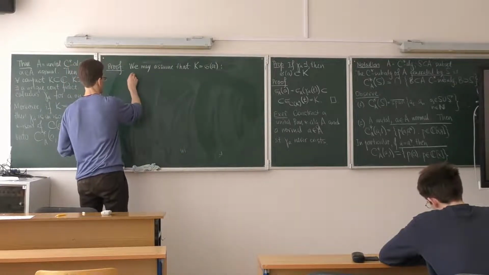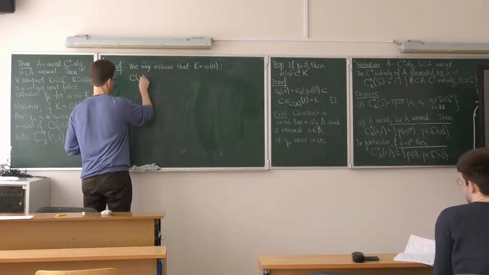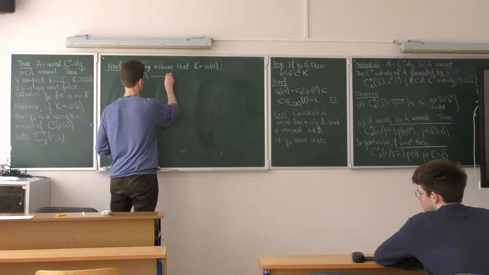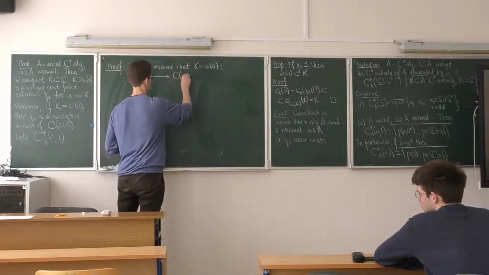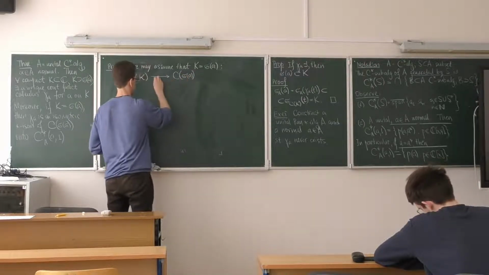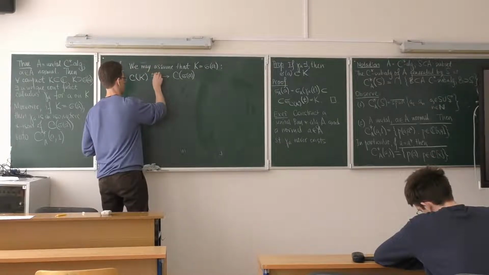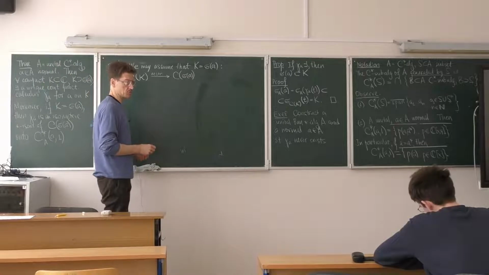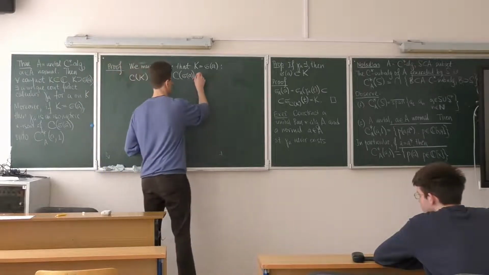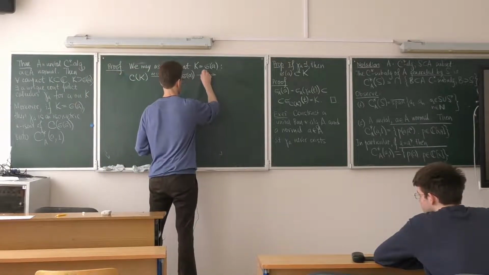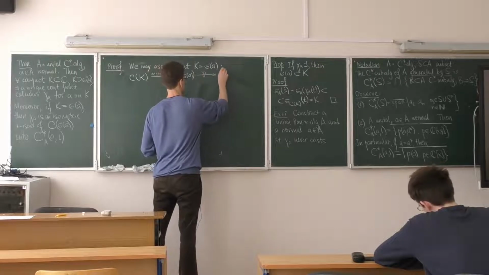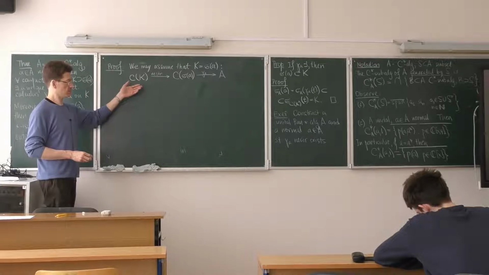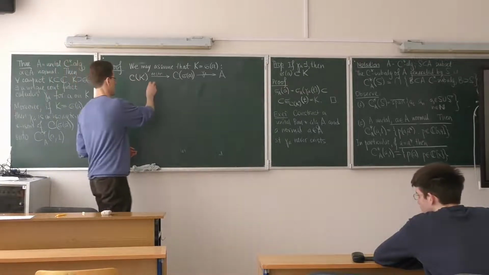If K contains the spectrum of A, then we have the obvious restriction map from C of K to the algebra of continuous functions on the spectrum. Just the restriction map. So if we have already constructed the functional calculus on the spectrum, if we have already constructed such gamma A, then we can just compose gamma A with the restriction map.